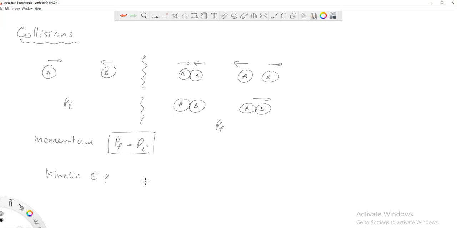If you think about the kinetic energy of the incoming particles before collision and the kinetic energy of the system after the collision, are these two things equal to each other? Is there a conservation? That is something we can investigate. When it comes to collisions, there are two types. One type is called elastic collisions.